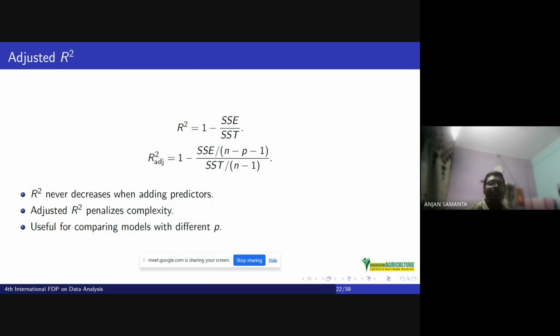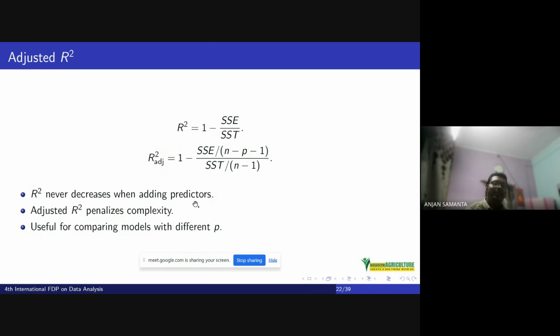Whenever there are multiple input parameters, only R square is not good enough. So R square has a limitation. That is, if you incorporate multiple input parameters to the model, R square value cannot detect whether the parameter is important to the model or not. It will always increase. You can see the first point, R square never decreases when adding predictors.